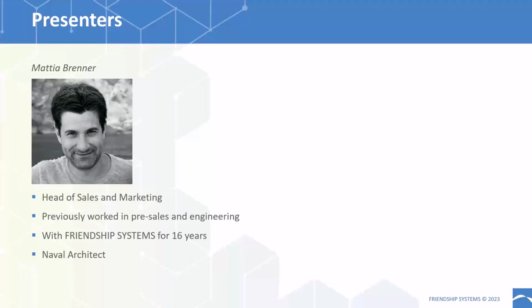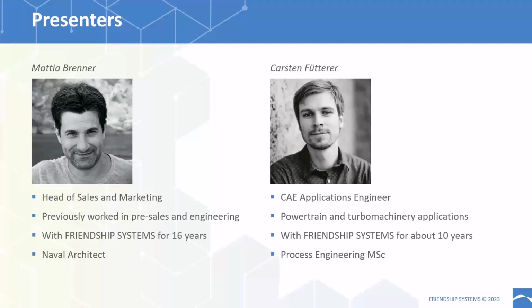I'm joined today by two of my colleagues who will take care of some nice live demonstrations in this webinar. In order of appearance, we have Carsten Fütterer. Carsten is a CAE applications engineer here at Friendship Systems. He is specialized in powertrain and turbomachinery applications. He's also been here quite a while, for about 10 years, and he has a degree in process and chemical engineering.